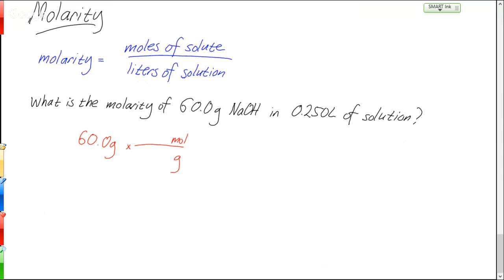So we're going to add that up. Sodium's 23, oxygen's 16, and hydrogen's 1. So that's 23 and 17, that's 40. 60 divided by 40 is 1.5, right?